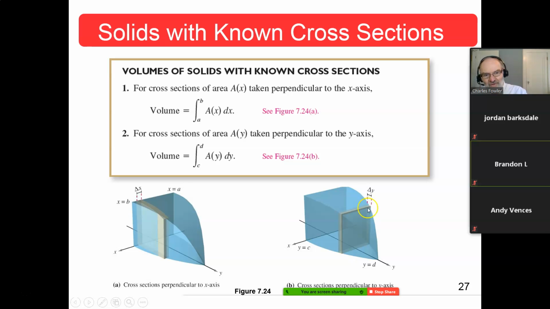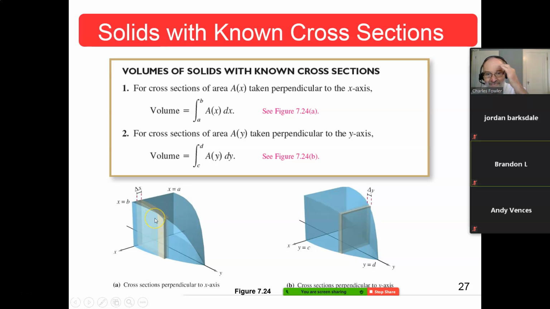Not knowing the formula, it's hard to say. And certainly the length here is the same as the length there. There's a rectangle. We know the area of this rectangle, so do your dy's and go from 0 to d. That would be using a known cross-sectional area.